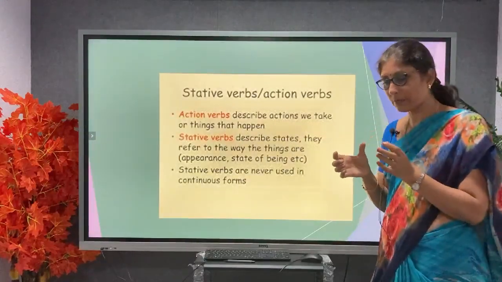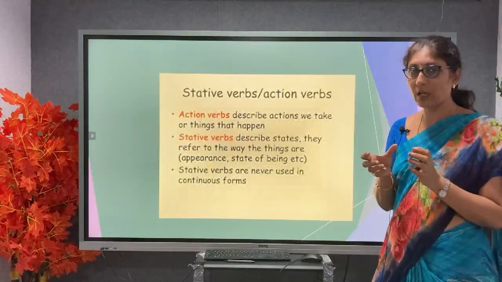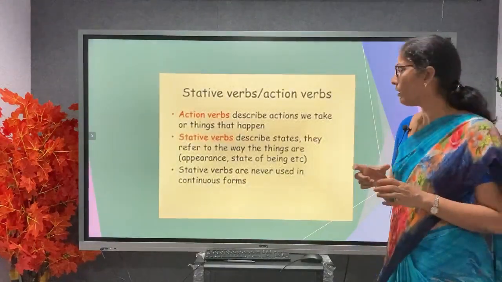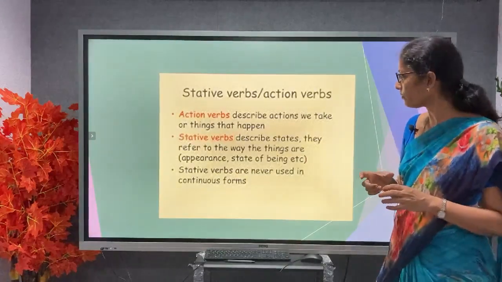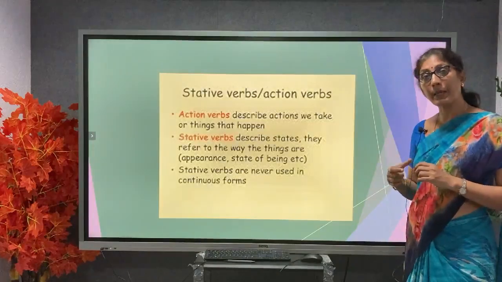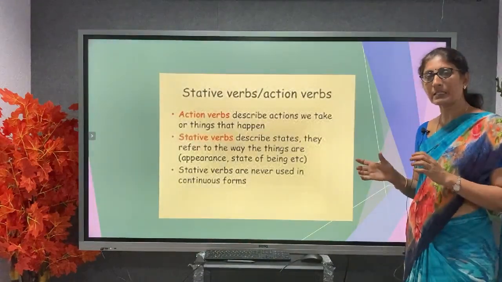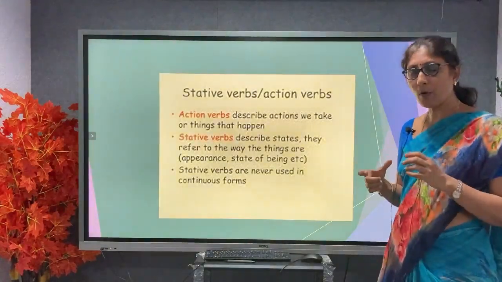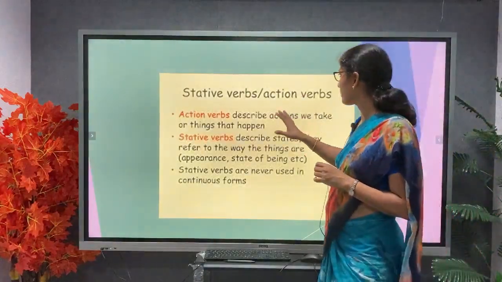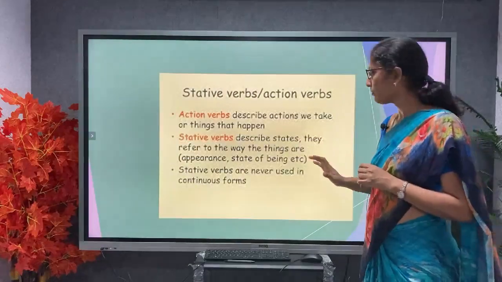It indicates status, the state of something, the position of something. I appreciate. I become. These are not actions. They tell about the state. So, stative verbs versus action verbs.